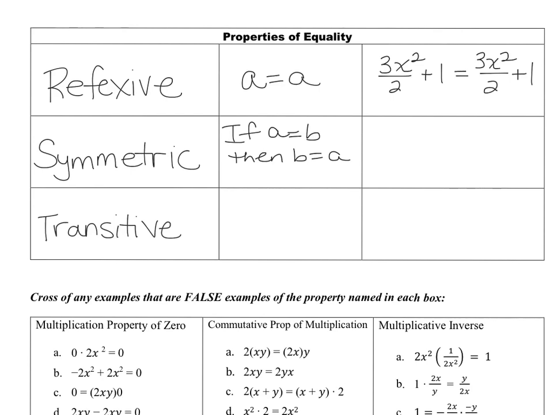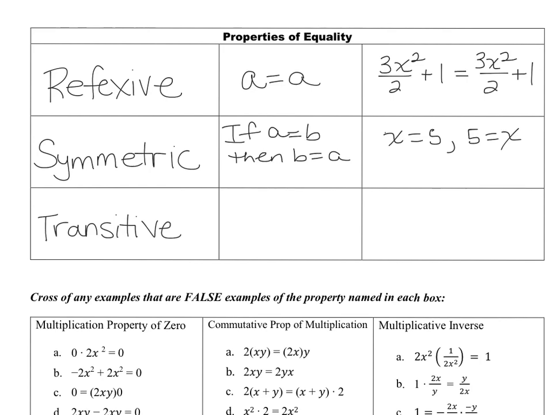We do this all the time as well. You're solving an equation and let's say you get x equals 5. Well, x equals 5 is the same as 5 equals x.